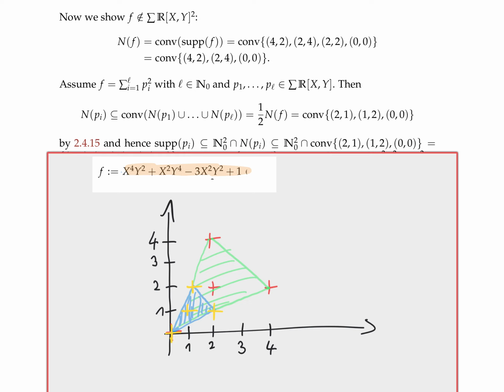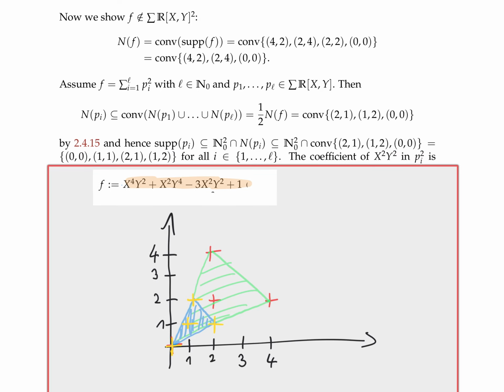And if you want to show this formally, then you easily succeed. So there are only these 4 points, which are on this grid and at the same time in the Newton polytope. So only these can be in the support of p_i.